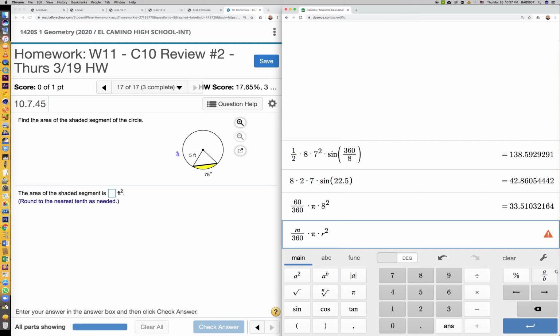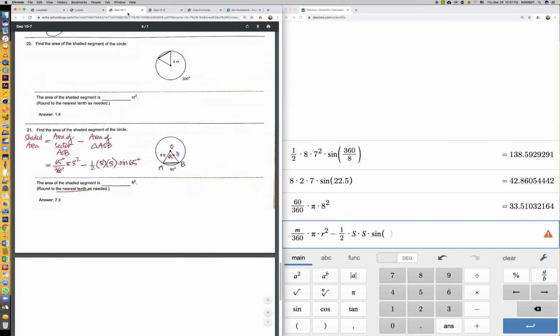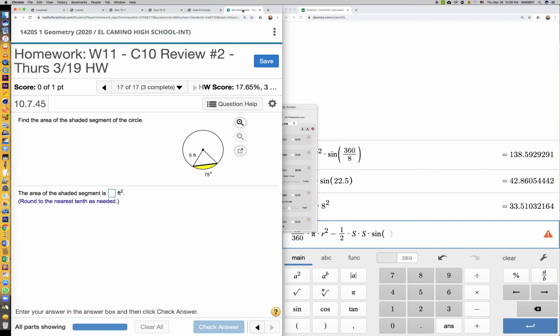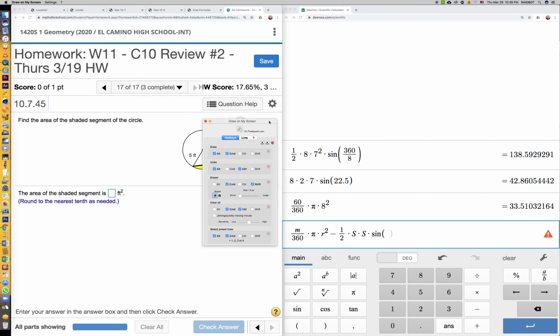And then you subtract the area of the triangle, which is 1/2 multiply with the sine of the angle between the two sides. Now let's substitute the values in.